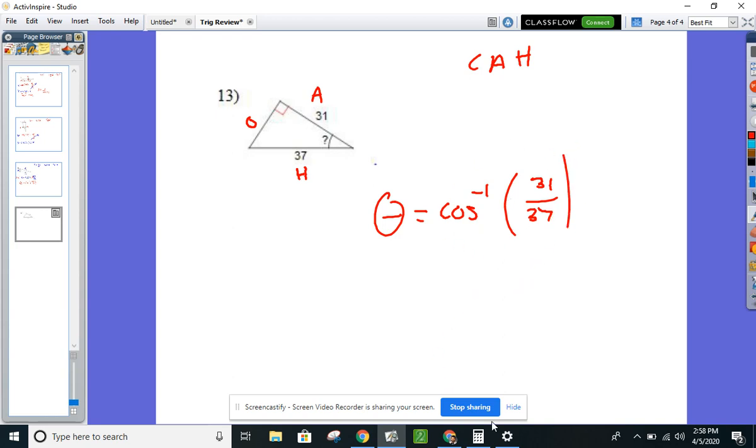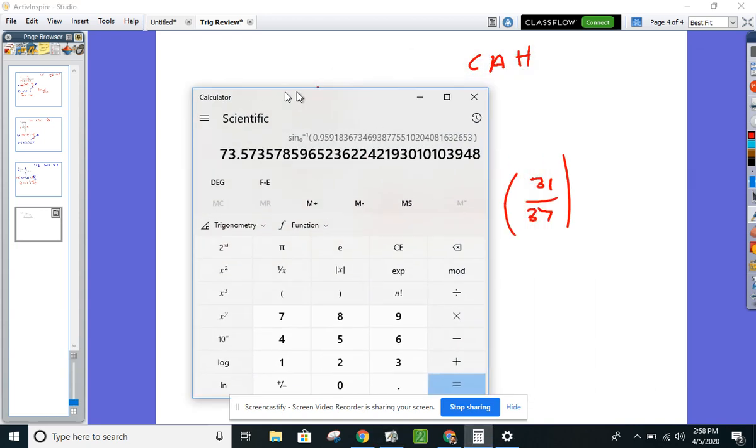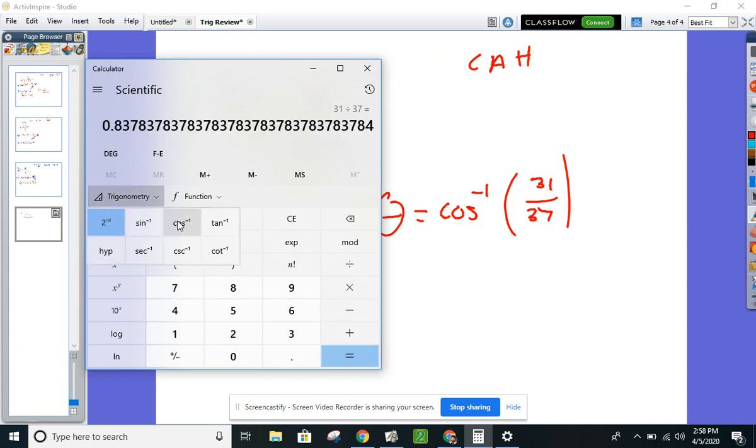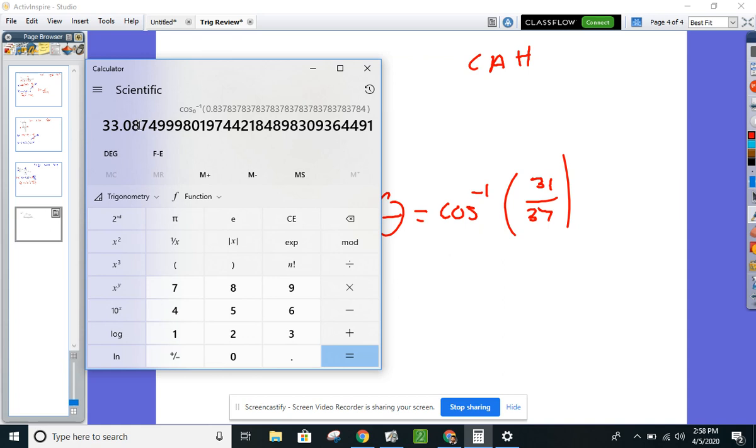That's what we plug in our calculator. So we'll do 31 divided by 37, and then hit second, inverse cosine: 33.08 or 33.1.